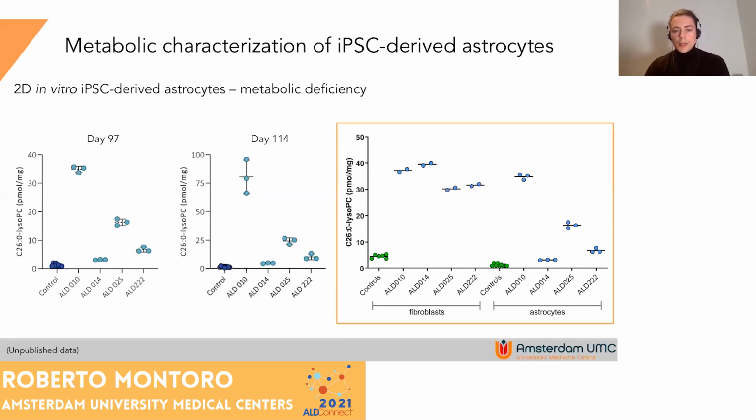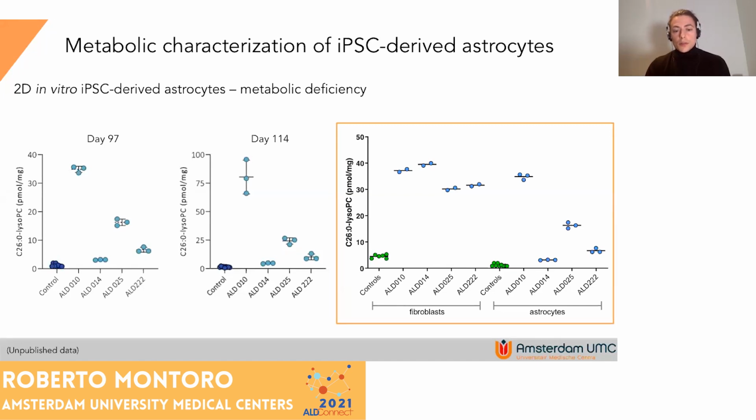And if we take the fibroblasts from these patients, the differentiated cell type before it was reprogrammed, and also measure the lyso-PC levels, what we observe is that there is no difference between the groups of cell lines. However, we do see differences in the differentiated astrocytes. So this is very promising, because it gives us hope that we are pointing in the right direction, and that studying ALD-relevant cell types such as astrocytes makes a lot of sense.